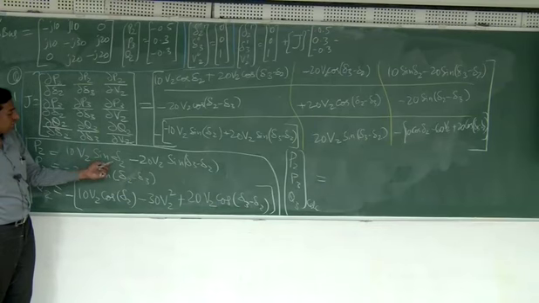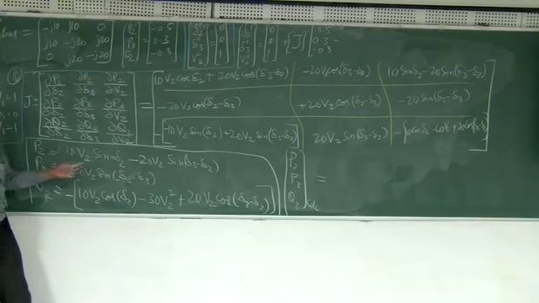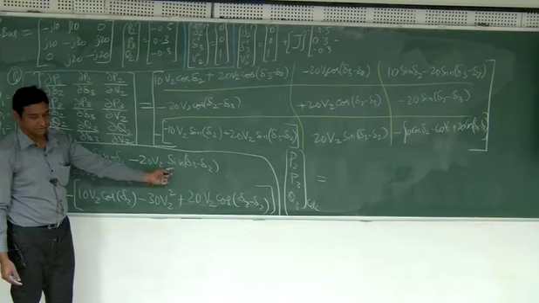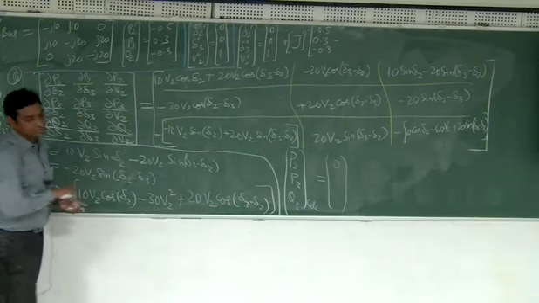And what is sine of delta 2? Delta 2 is 0, sine 0 is 0, so this whole term is 0. Then this one is also 0 because of sine. So the calculated value is 0. But what is the expected value? Calculated value is 0, expected value is minus 0.5. Therefore, the error is calculated minus expected, plus 0.5. So that error term will come here. That's why this minus 0.5 is there, because we have taken that minus inside.